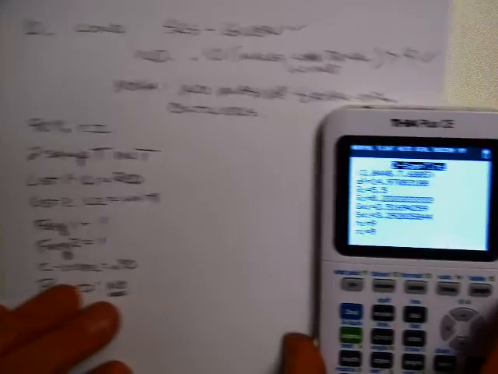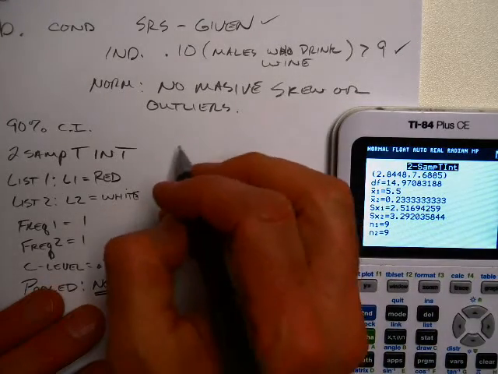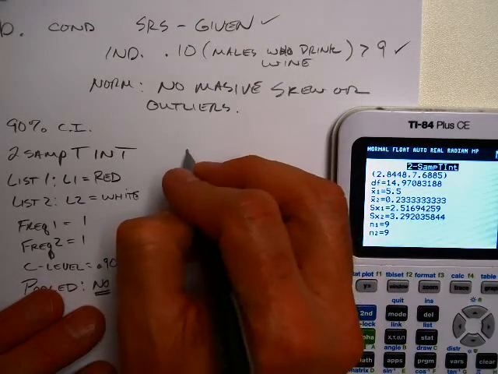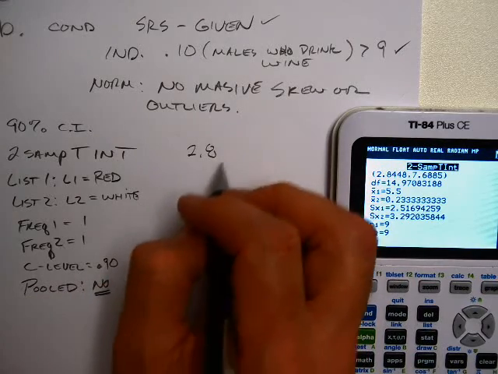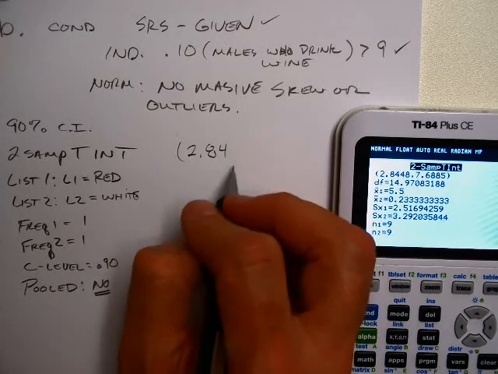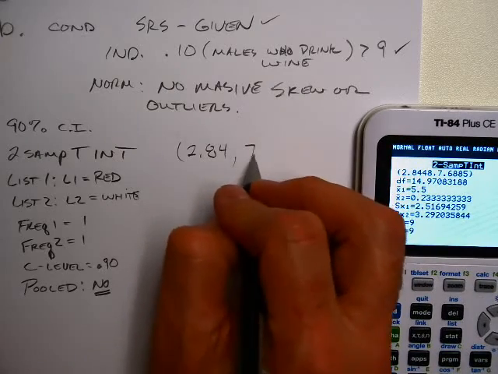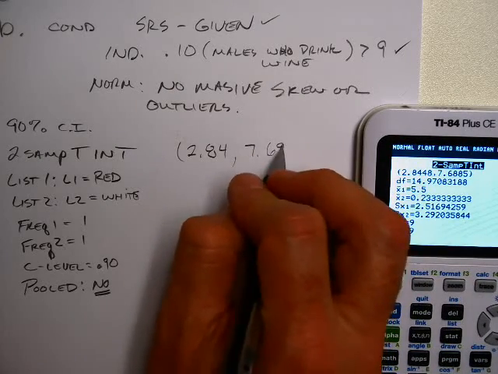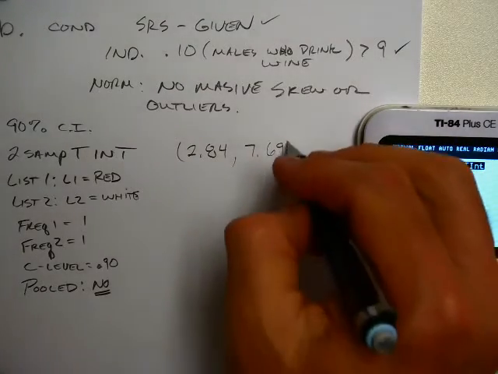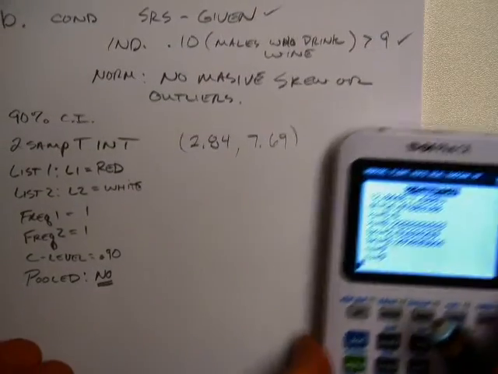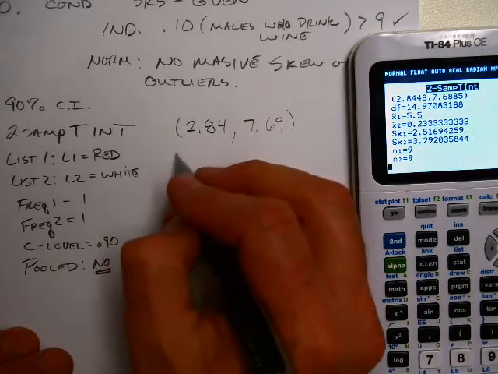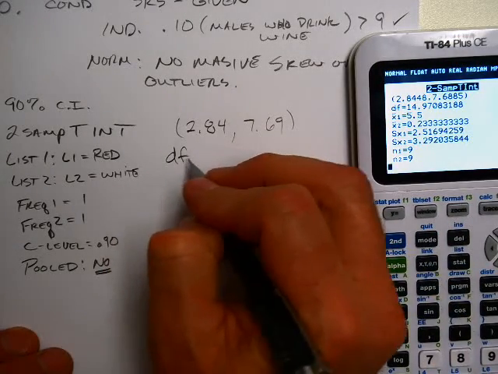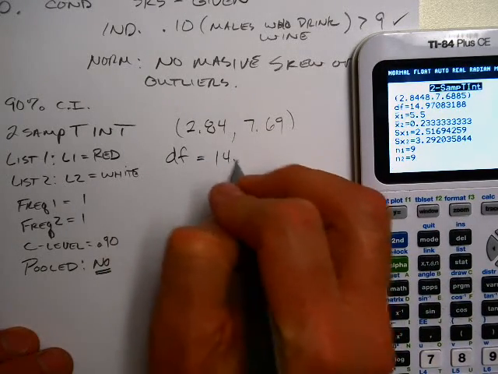So I've written down everything that I've put in. And so here is what comes out. The frequency was 1. That's something you don't really want to change. Do a little bit of rounding here perhaps. I think I might write that all the way out if I was doing it for the AP test. And here, look what we have. DF, degrees of freedom.